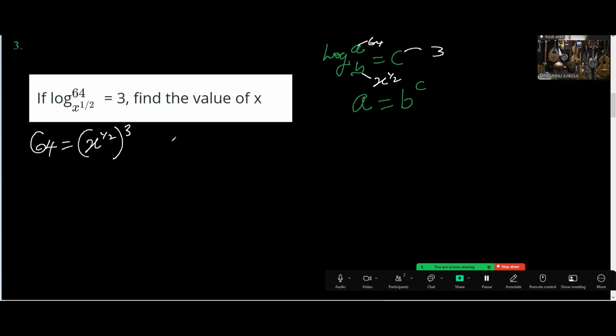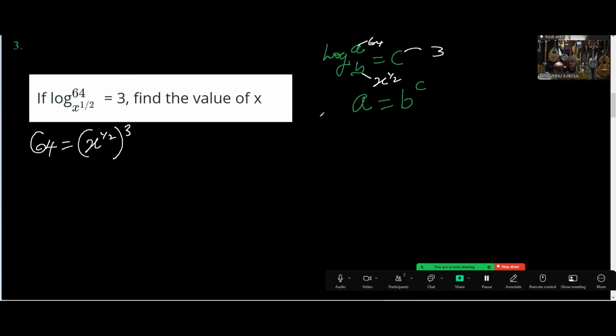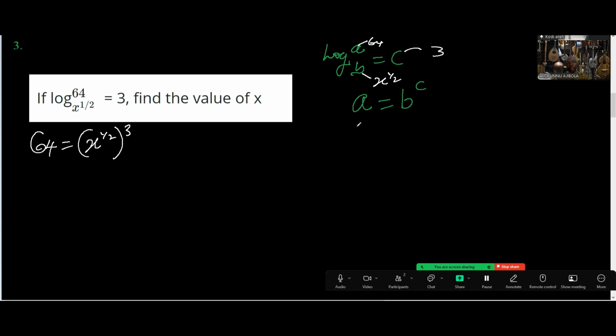Is that clear? Yes, sir. And in the indices, that's why I say logarithm and indices at the top there. Under indices, what we have at the bottom is no more logarithm, but indices. So whenever you have something like this, a power and another power outside, you multiply the powers.